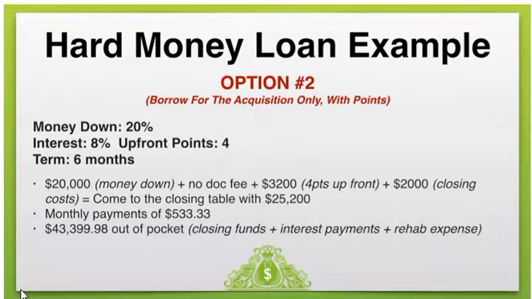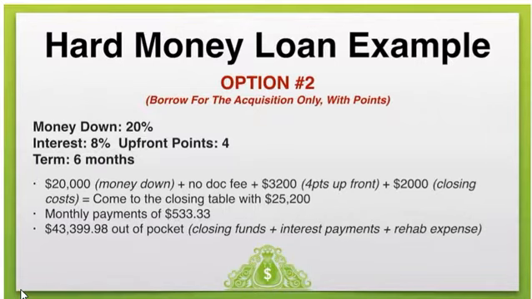Another hard money lender in town might lend you money for the acquisition only and will charge you upfront points to get the loan. It could look something like this: money down 20%, interest 8%, upfront points for term 6 months.